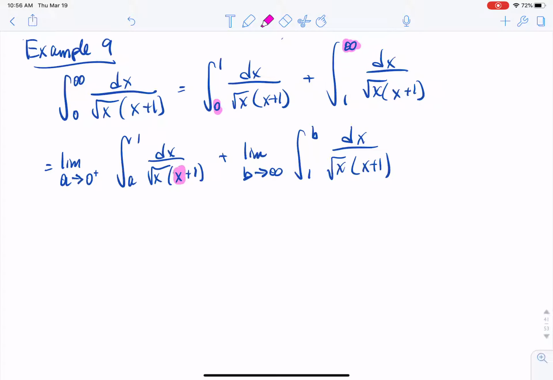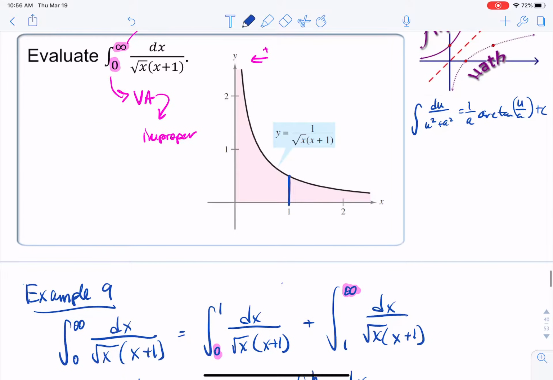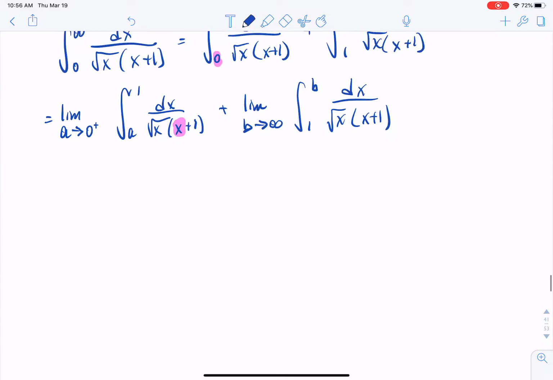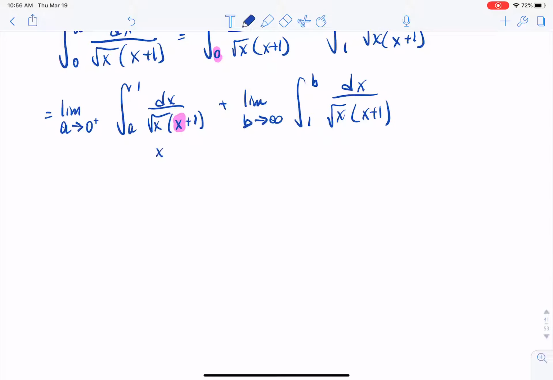So notice that for this problem, x is always some sort of positive number. So I can rewrite x as the square root of x squared, right? Okay.